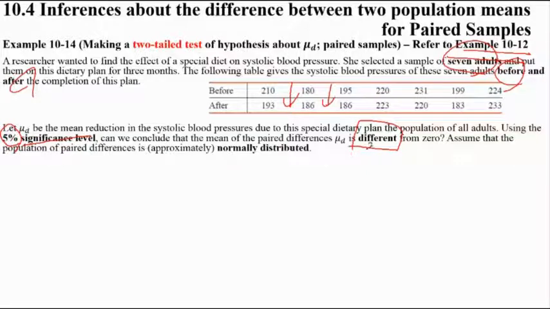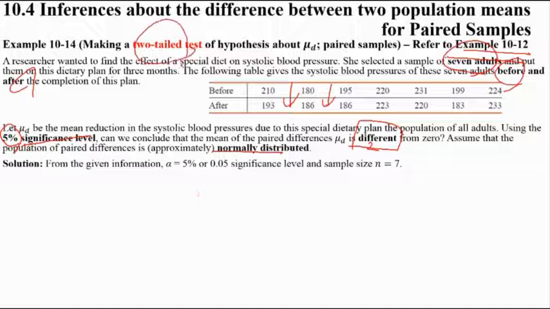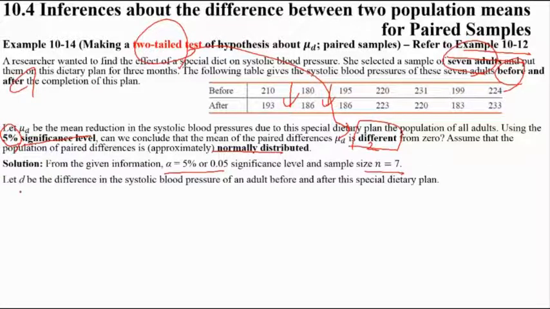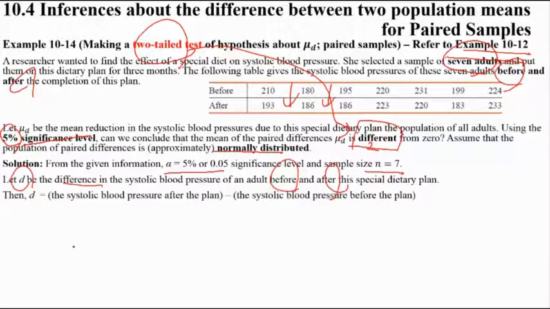Difference means a two-tail test, right? And normal. That's why it is a two-tail test for difference. So 5% significance level, the sample size is 7, they gave it, and this difference is from what? Before and after.